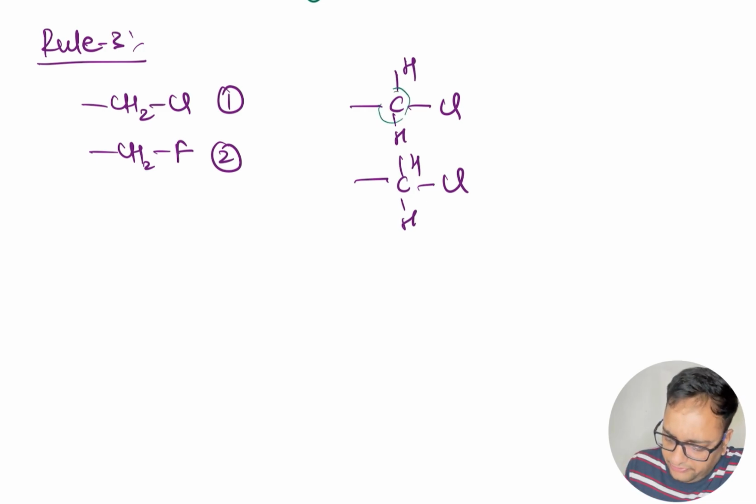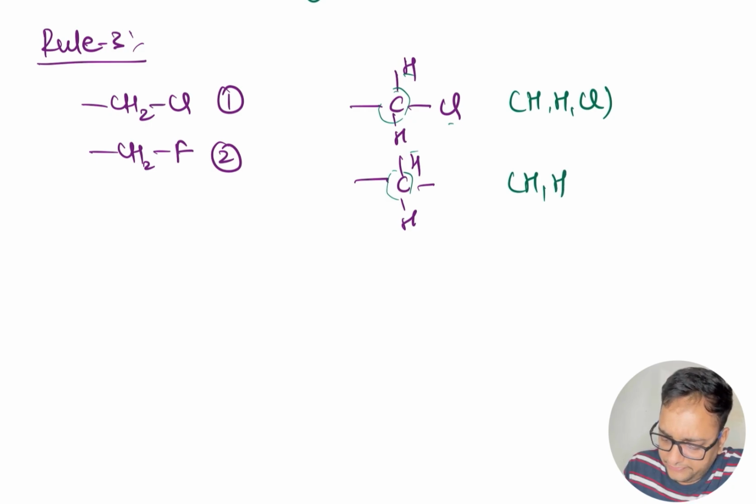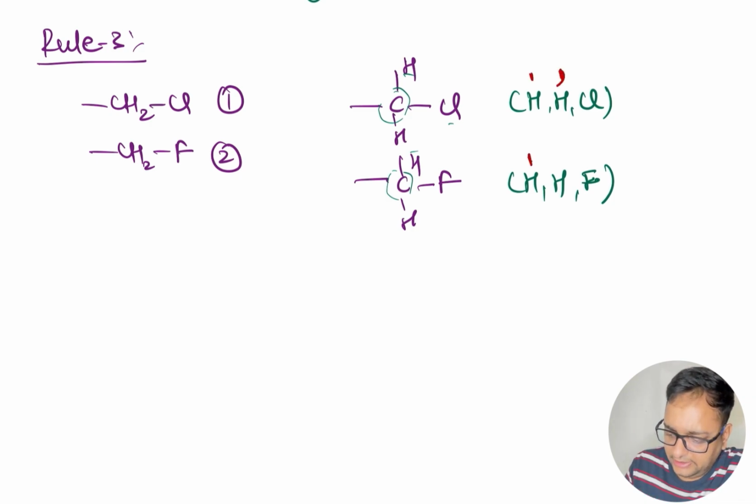Okay, so first we go to the carbon. When carbon is same, now we go to the other three atoms. We will write them in increasing order of their atomic number. H and Cl. Here we have H and, oh sorry, here we have F. H and F. So we are going to check the priority. 1 same, 2 and 2 dash are same, 3 and 3 dash are different, and more priority is given to the 3.